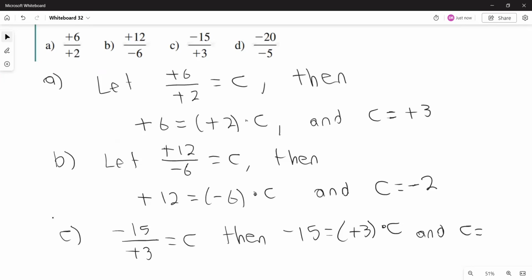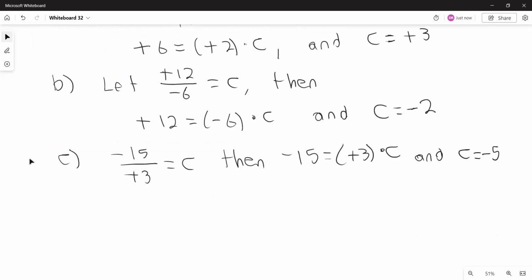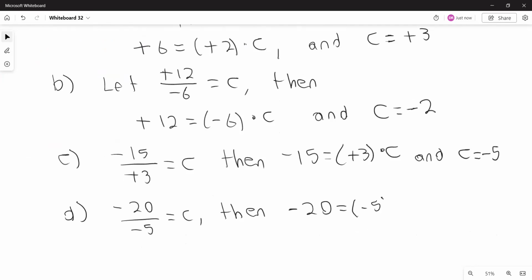So C is negative 5. And part D, negative 20 over negative 5. So we're looking for a number that multiplied by negative 5 is negative 20. In this case, C is positive 4.